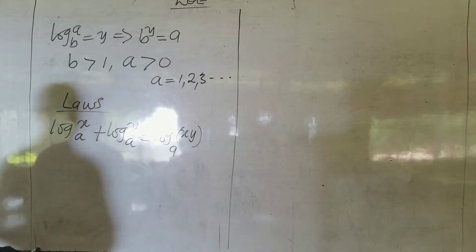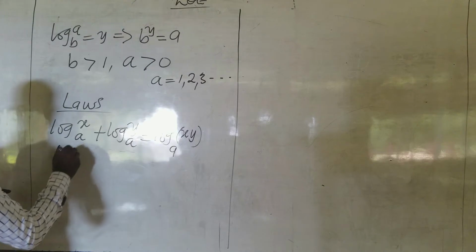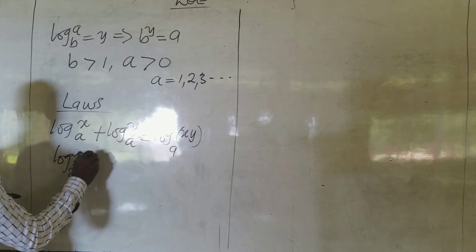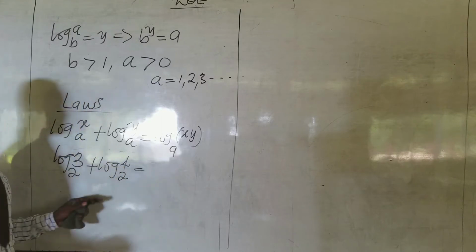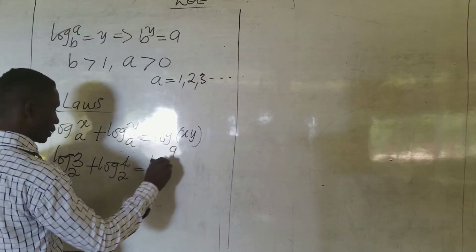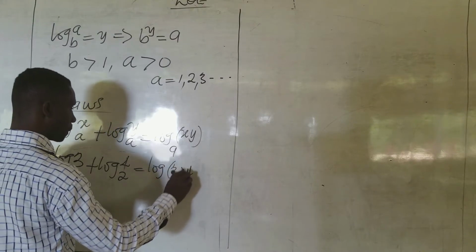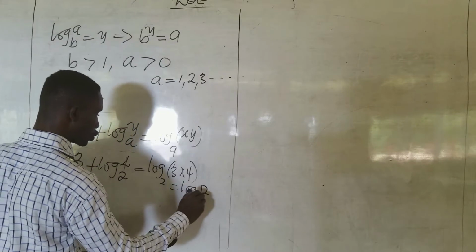Now, based on this one, if you have log 3 base 2 plus log 4 base 2, it means that when you are adding, you multiply, so you have log 3 by 4 base 2, which is log 12 base 2.